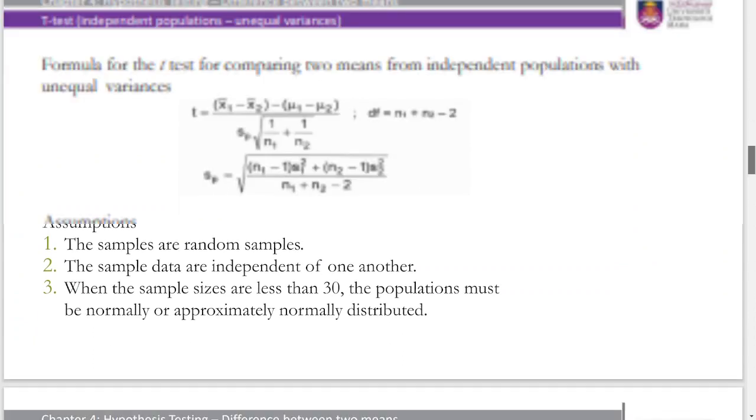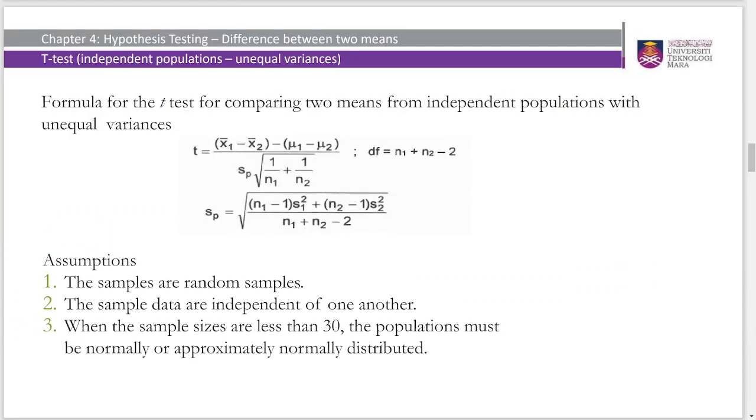Okay, so next we're gonna look at this one. This is basically the t-test. So still the difference between two means, but right now we are looking at the t-test for independent samples, independent populations, where you have unequal variances.